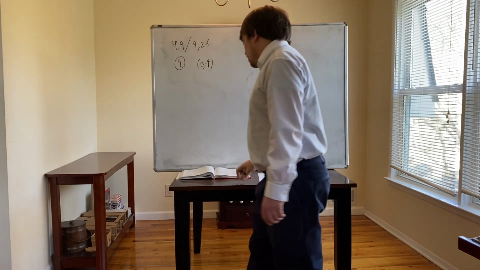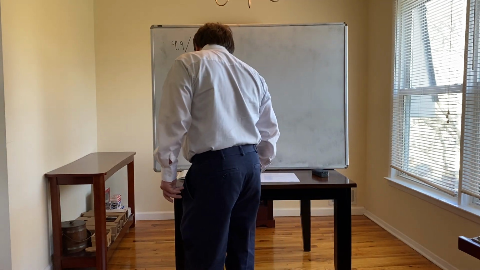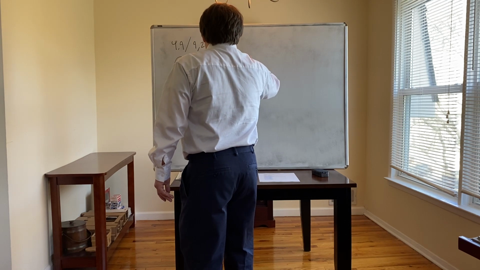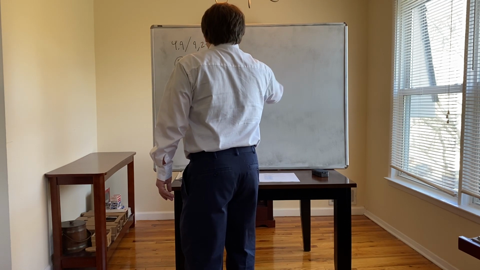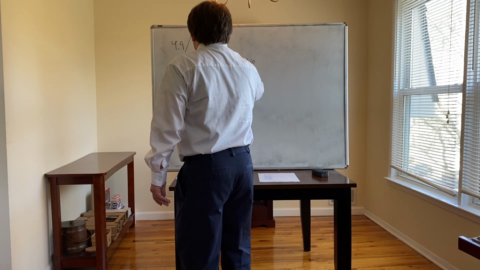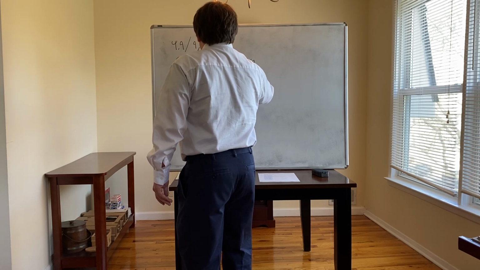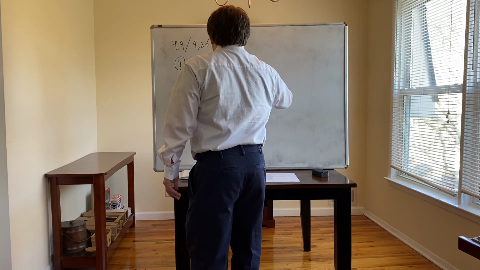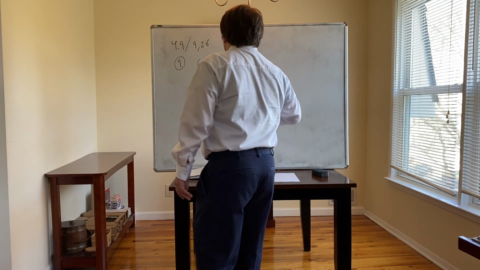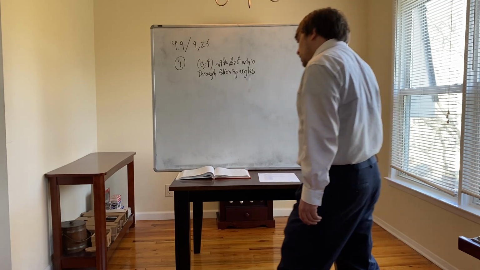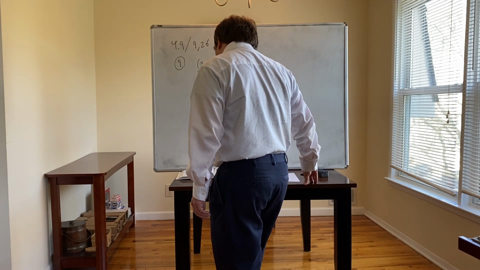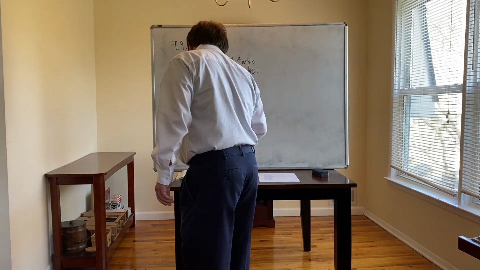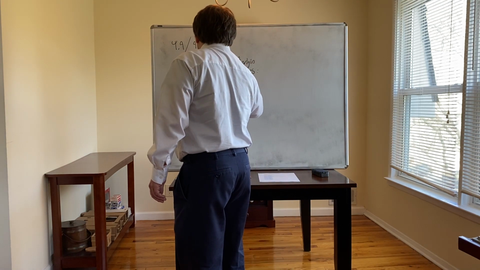I'm going to take that vector and rotate it about the origin through the following angles. And so part A is a rotation of theta equals 30 degrees.